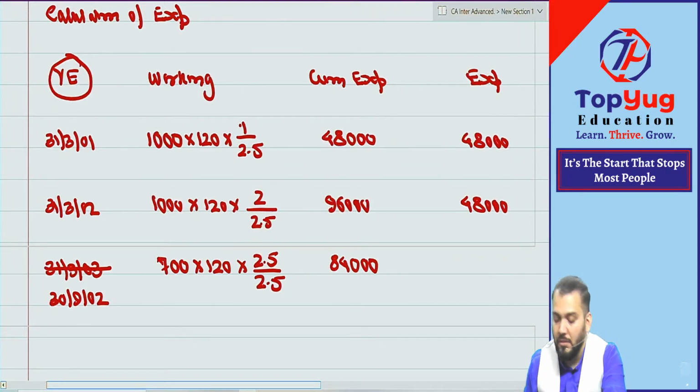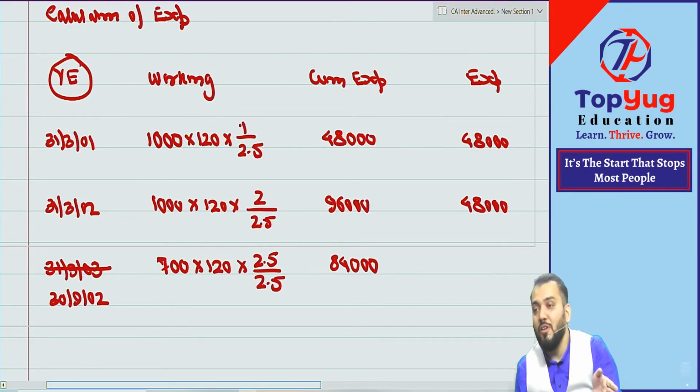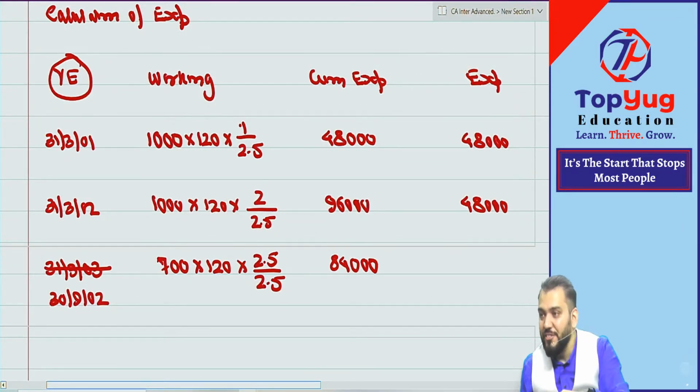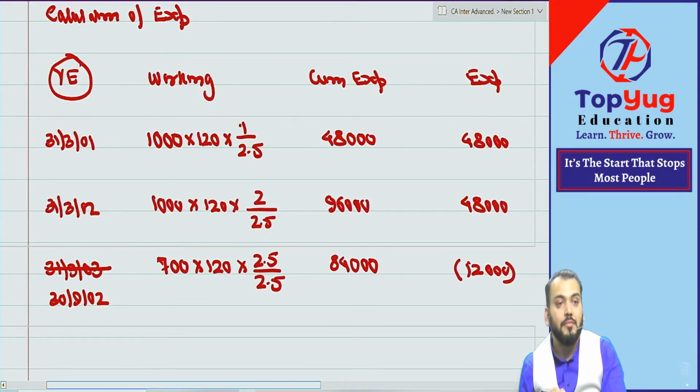Now you can see that last year we recognized an expense of 96,000, but on reassessment we found that 96,000 should be 84,000. So it means we will reduce expense. We should decrease our expense. So how much decrease? 96 minus 84, how much? 12,000. Now, good question. Correct.